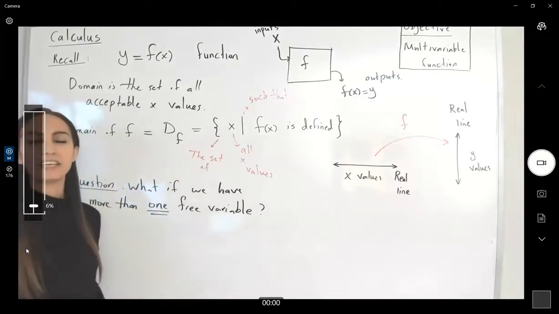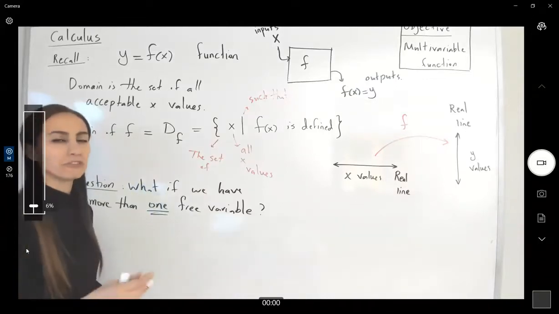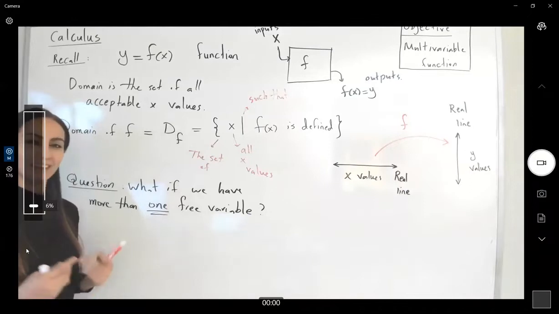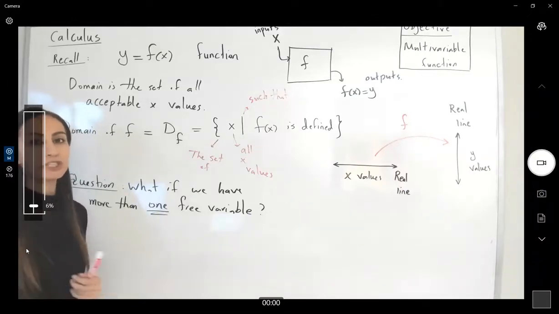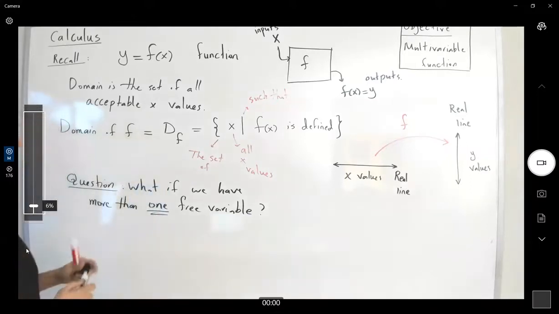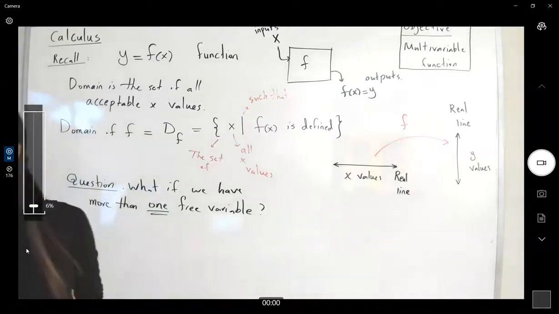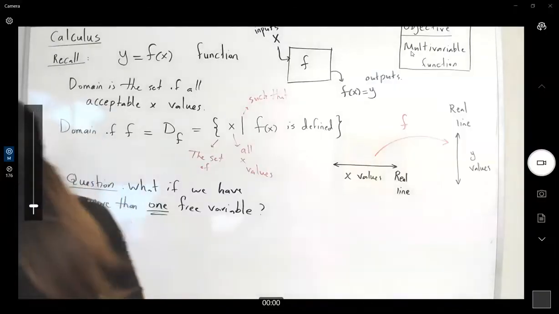There we define a function with two free variables, three free variables, and so on. Then we define the domain for each of them separately.